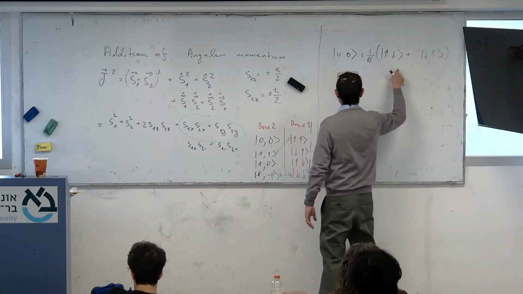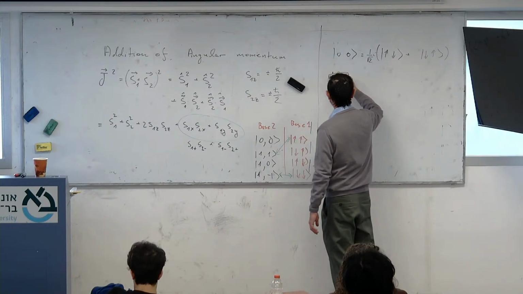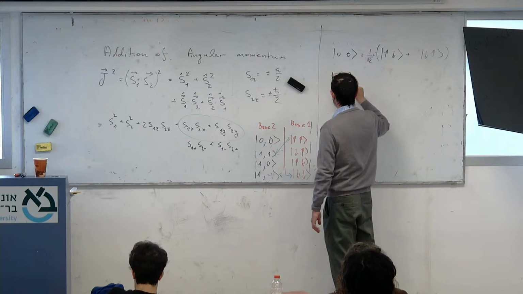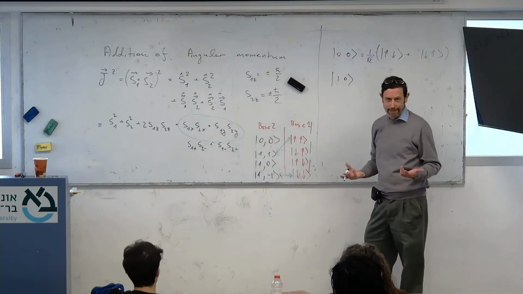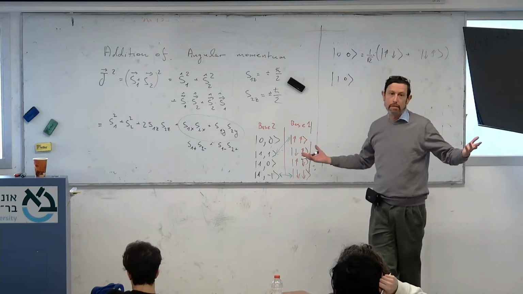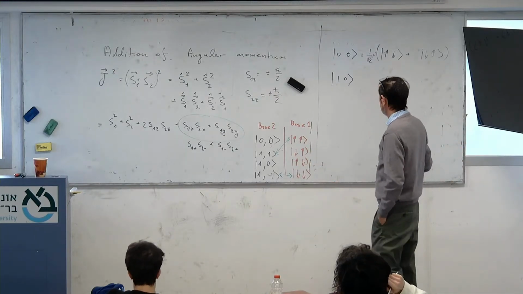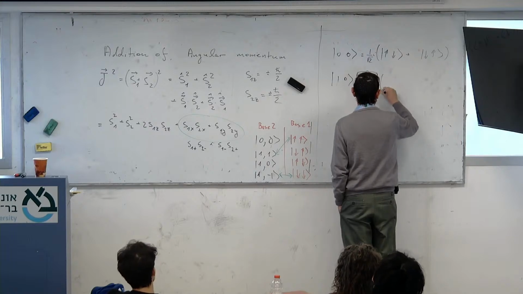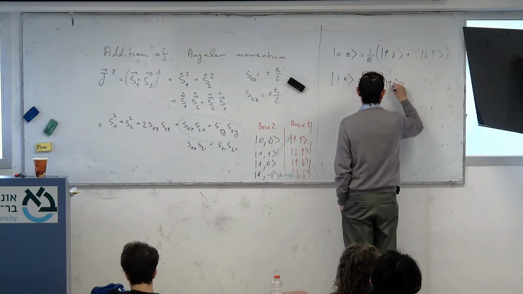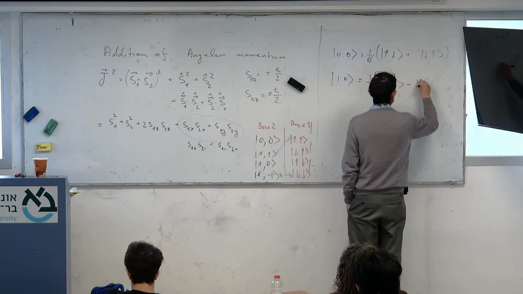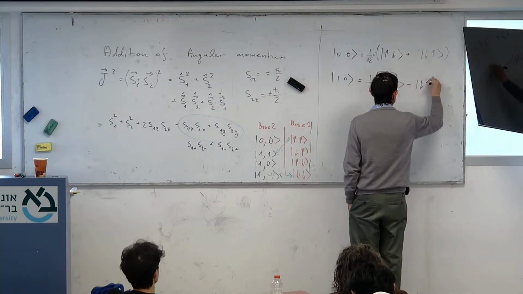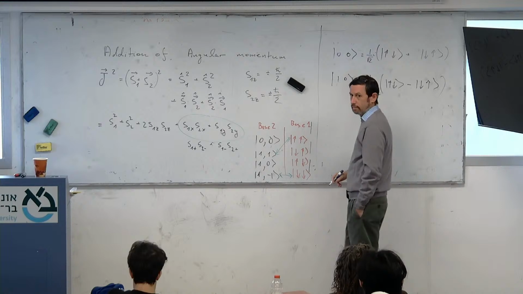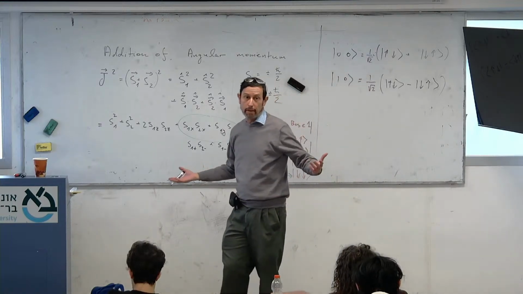If this is one of the contributions, the other guy must be orthogonal in the basis. So it has to be a minus.